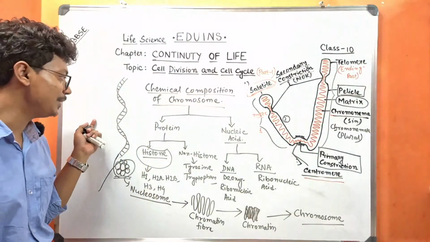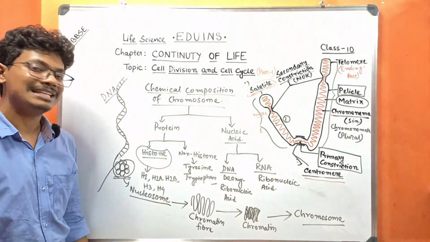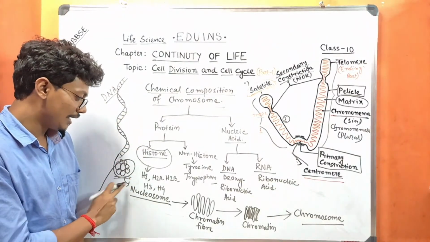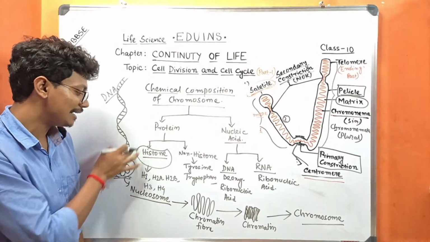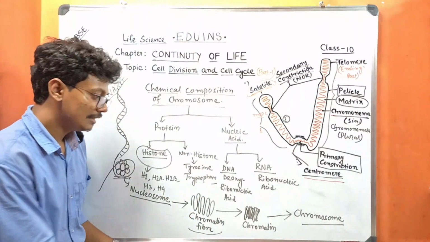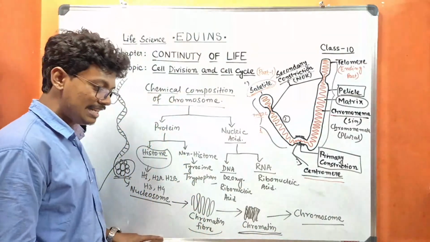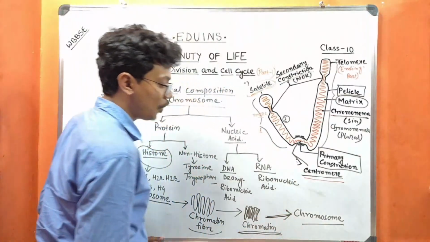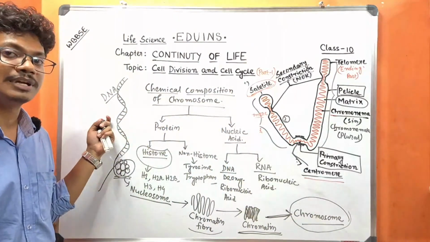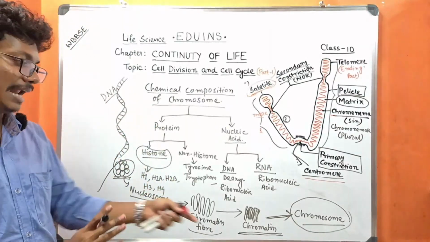Okay, the relationship between DNA and chromosome is clear. DNA wrapped upon the histone octamer is known as nucleosome, and these nucleosomes and the rest of the DNA condense to form the chromatin fiber. This chromatin fiber further supercoils to form the chromatin, and the chromatin is finally coiled to form the chromosome. So chromosome is the supercoiled version of DNA. This is the relationship between DNA and chromosome.